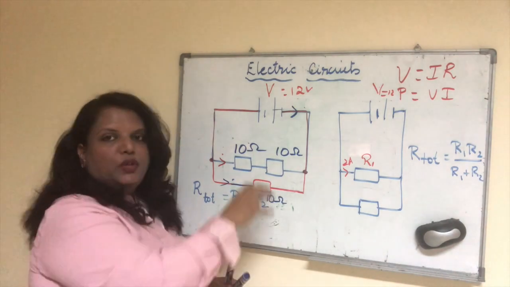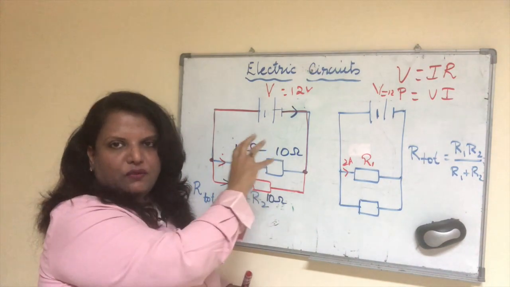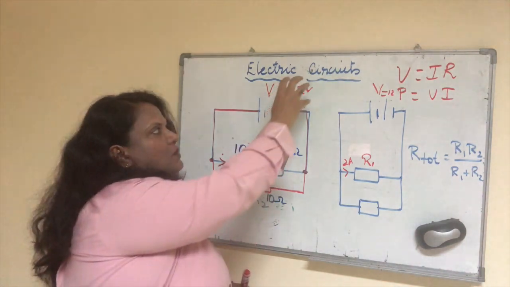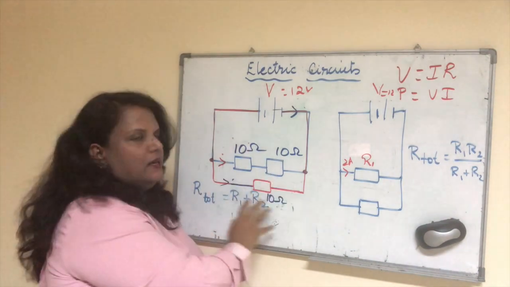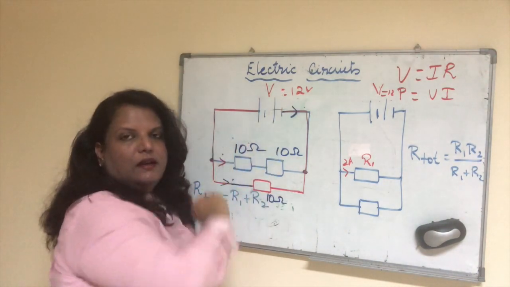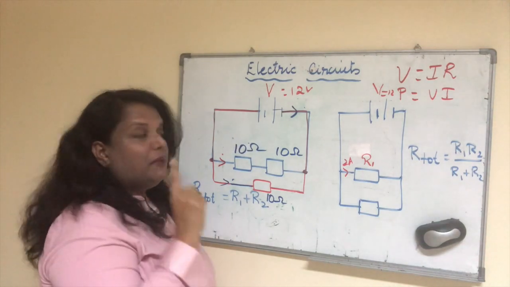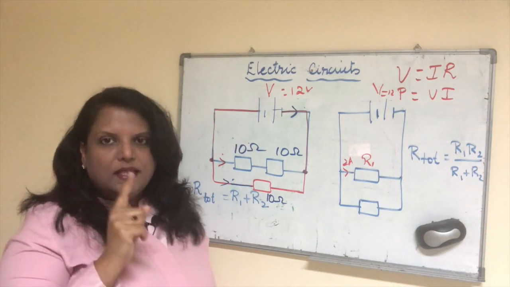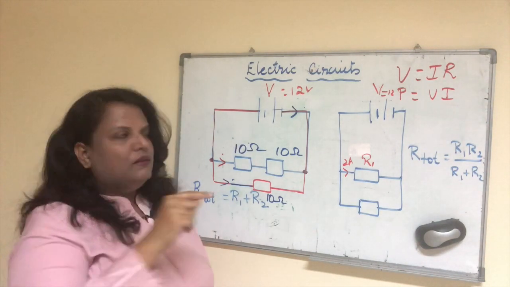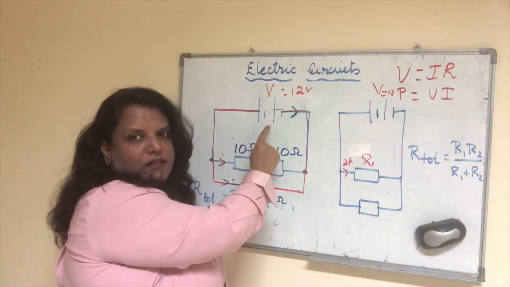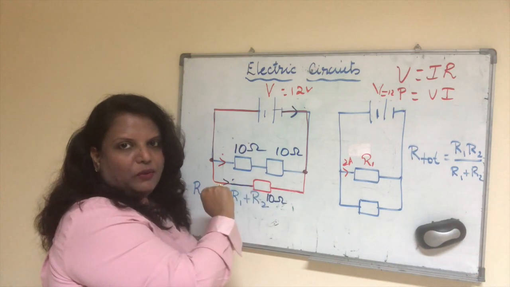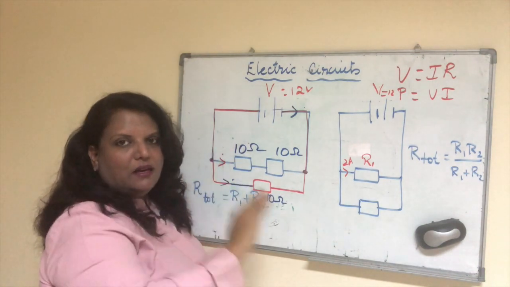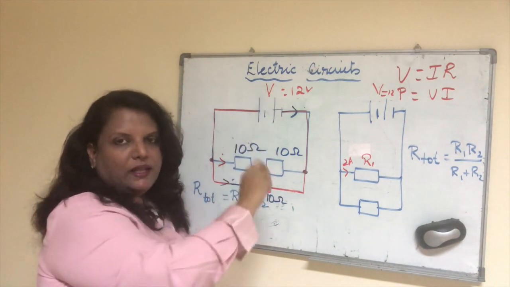First you would find the total resistance of all these 3 and then use it in the formula for 12 volts. Why? Because this entire resistance is affected by the total voltage. Use that, and the answer that you get will be the current drawn from the battery. It is not the current flowing through any of these components. You are finding the maximum current drawn from the battery. How do you find that?